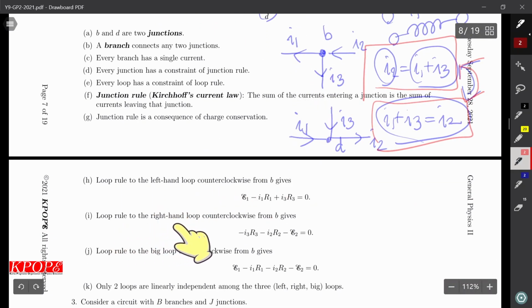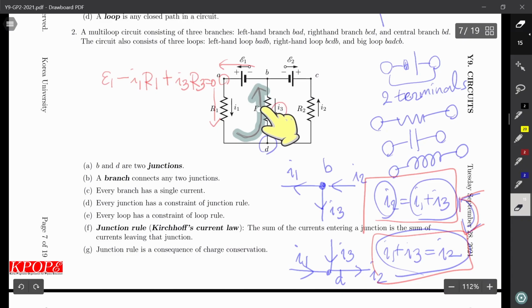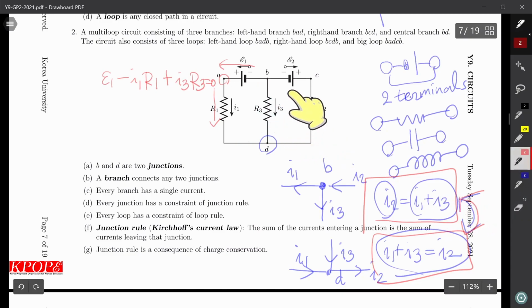Loop to the right-hand loop counterclockwise from C. From C here, you follow this direction counterclockwise. So from positive to negative, you have decreased the potential, E2.